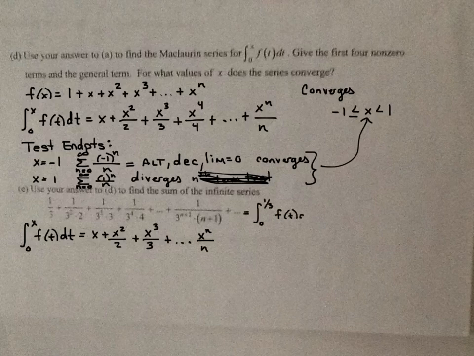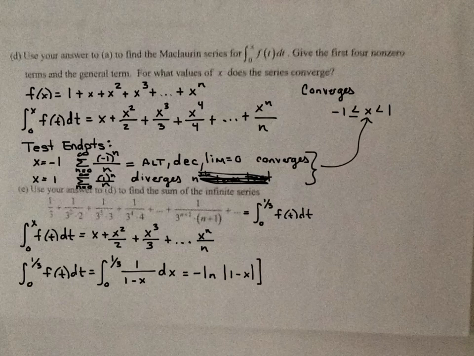So the series should be equal to the integral from 0 to 1/3 of f of t dt. So integrating 1 over 1 minus x, we get negative ln of the absolute value of 1 minus x evaluated from 0 to 1/3. Plugging in, we get negative ln of 2/3. And so that is what that series is equal to.